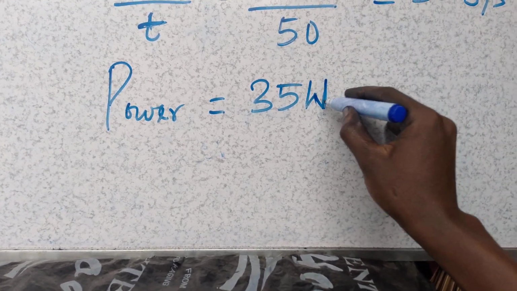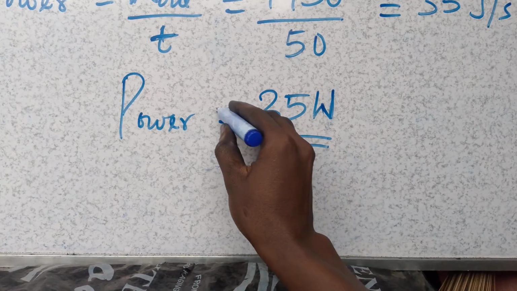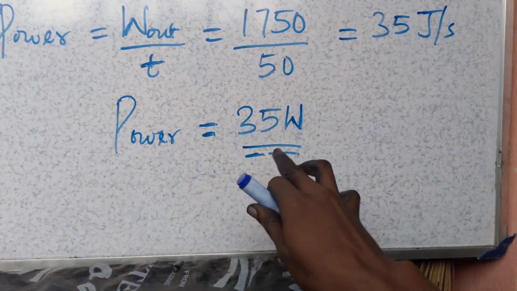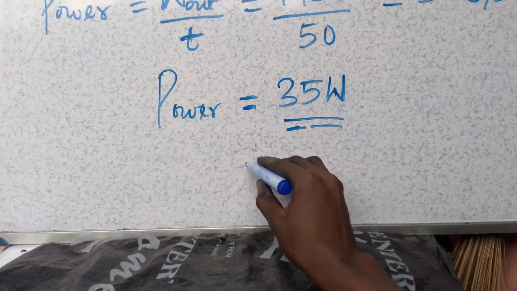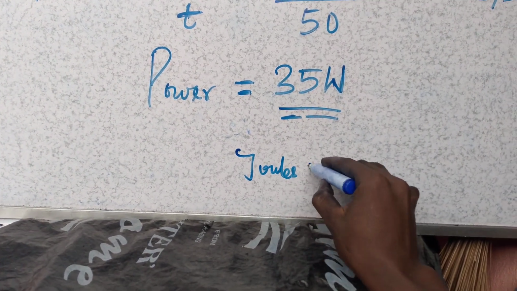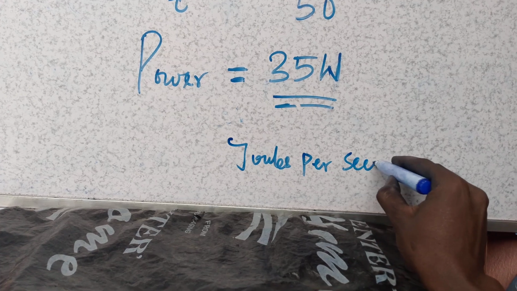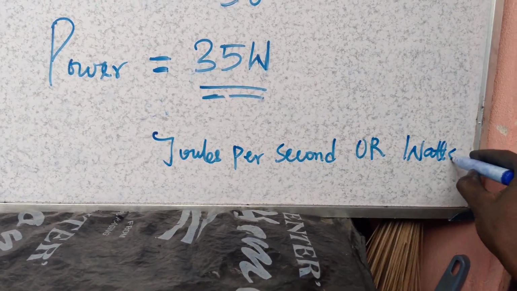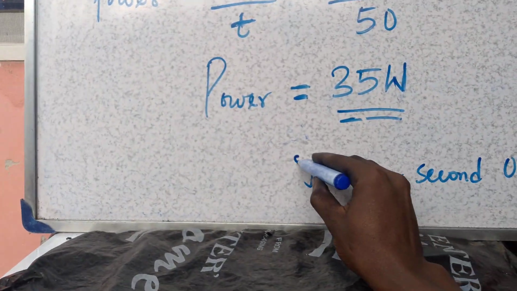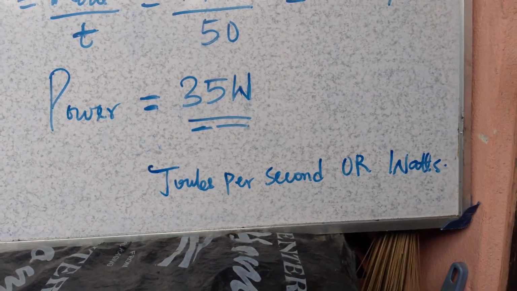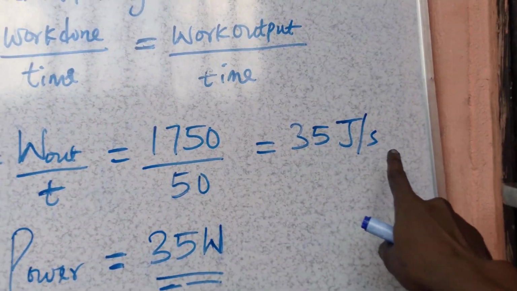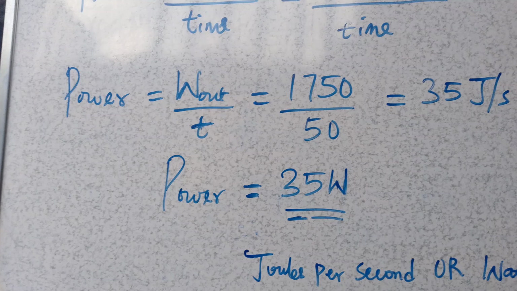Power is measured in joules per second or in watts. That's the SI unit of power. So the power now is 35 joules per second or 35 watts.